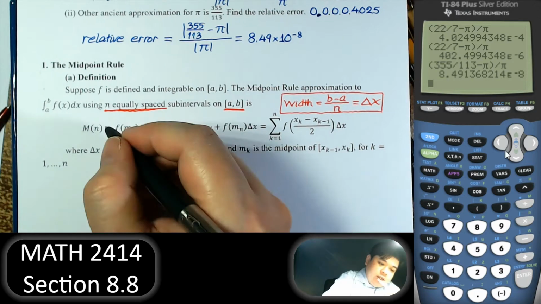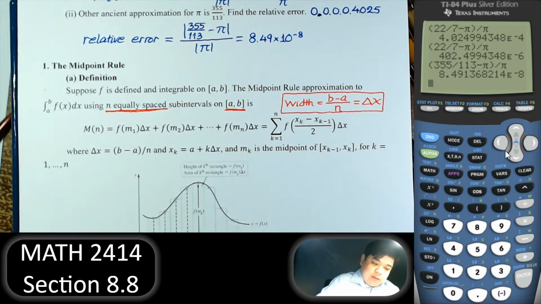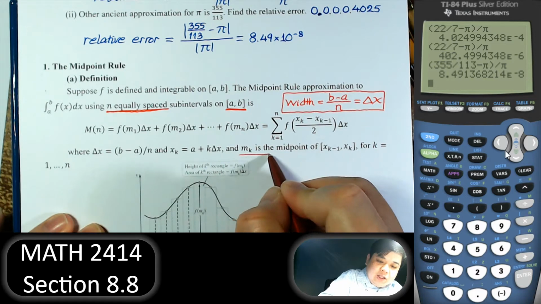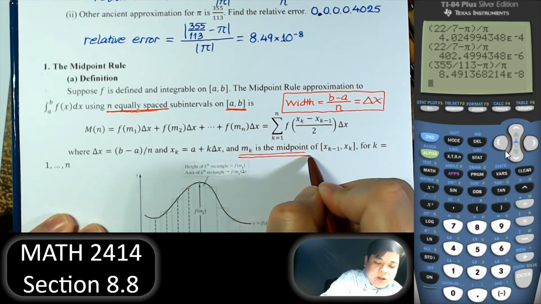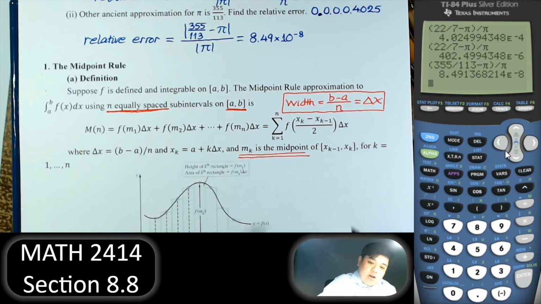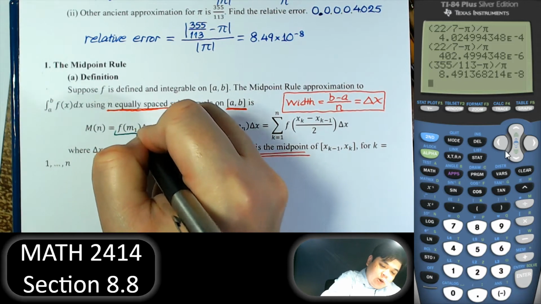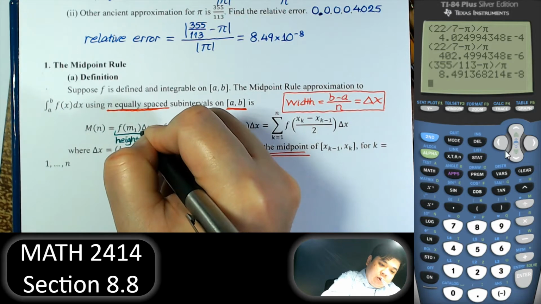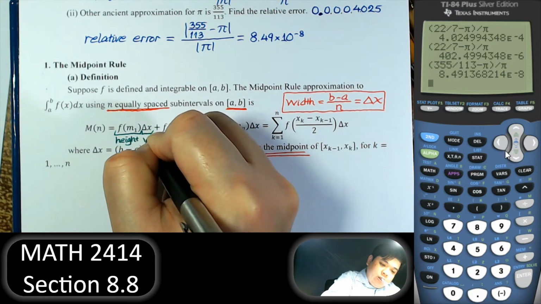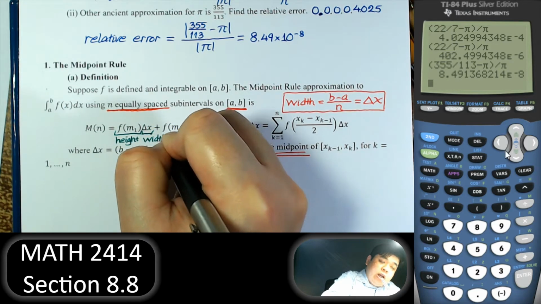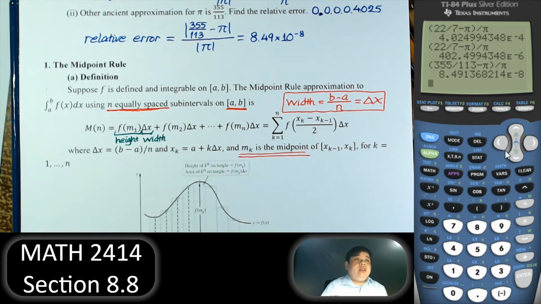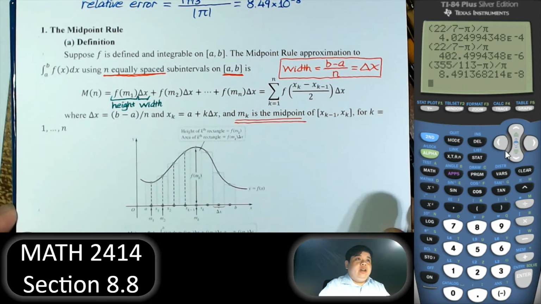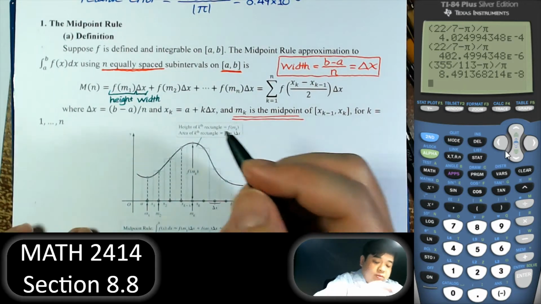So m_k is the midpoint, and the function at the midpoint is going to be the height, and delta x is the width. In this particular case, height times width gives us the area of a rectangle. Add them up, and we have an approximation of the area.